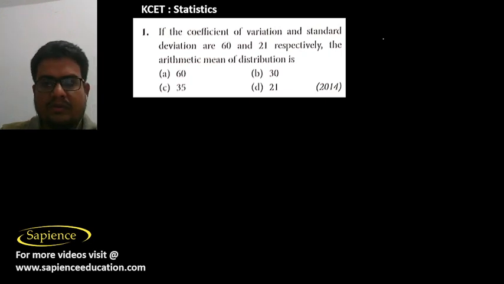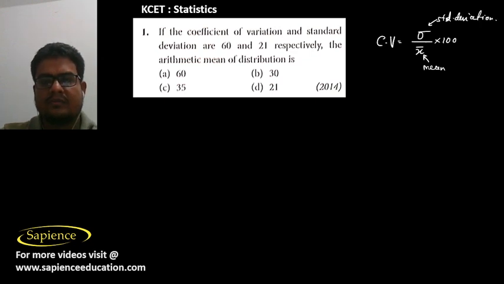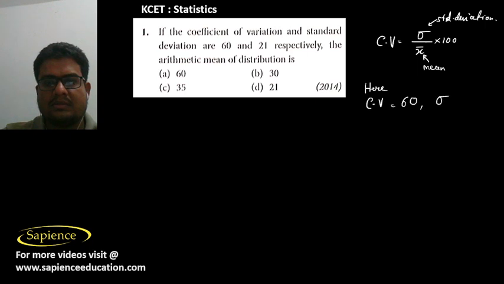So we know that the coefficient of variation is given as sigma by x bar into 100, where x bar is the arithmetic mean of the distribution, and sigma is the standard deviation. Here the coefficient of variation is given as 60, and the standard deviation sigma is given as 21. Then you find x bar.